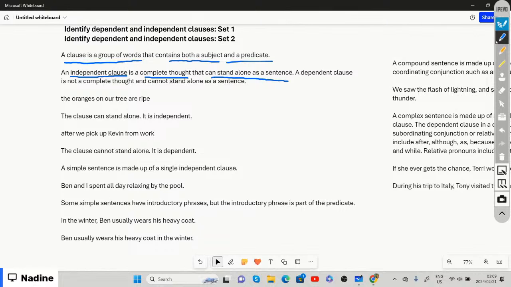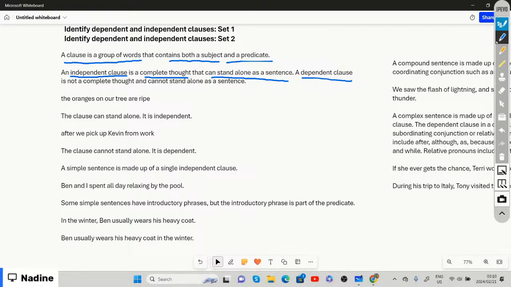Then we have a dependent clause. If we were to make a real-life example of a dependent clause, think of somebody who's dependent on someone else. Let's say, for example, as kids, children, youngsters, teenagers, you depend on your parents, right? So that's a dependent clause.